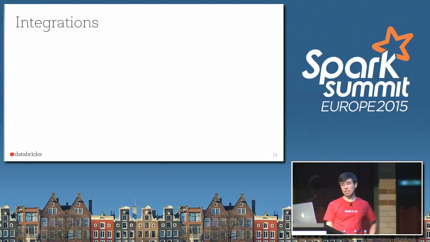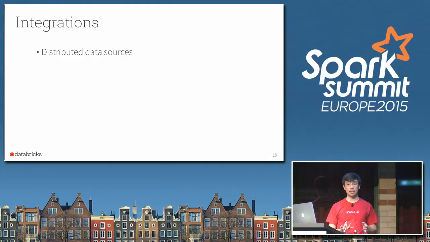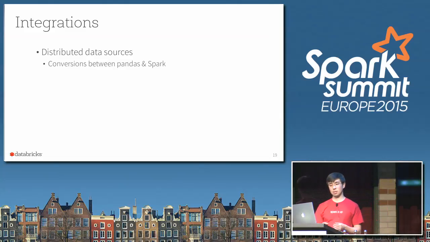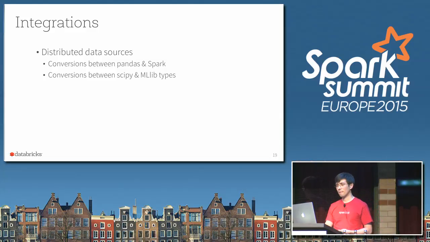Cool, and so finally I'd like to mention the integrations that we touched on. First, access to distributed data sources. That comes pretty naturally, both in terms of conversions between pandas and Spark, and conversions between SciPy and MLlib types. That was part of that Spark package, which should be released soon.